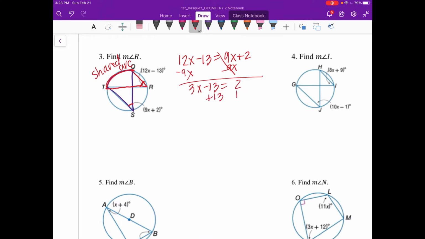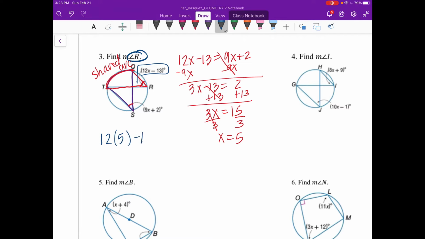I'm going to add the 13. 3x equals 15, and then divide by 3. Now, this is not your final answer yet because we are solving for angle R. So I'm going to take that 5 and substitute it for x in the value of angle R. So I have 12 times 5 minus 13, which gives me 47 degrees as my answer.